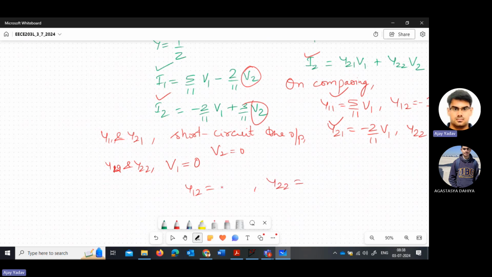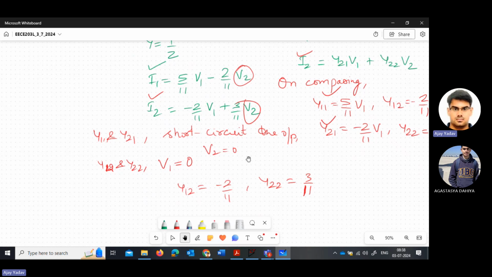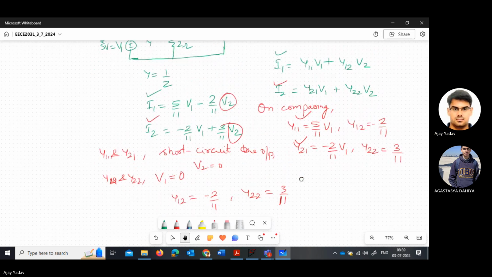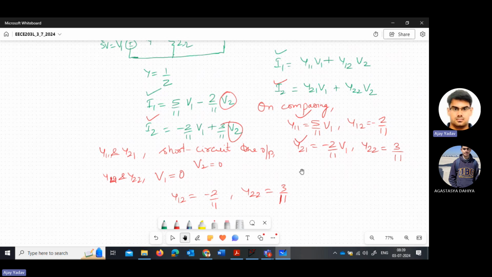Y12 is minus 2 by 11. Already we have solved. And Y22 is 3 by 11. Okay. So this is how we can solve this. So this is the way we solved there.